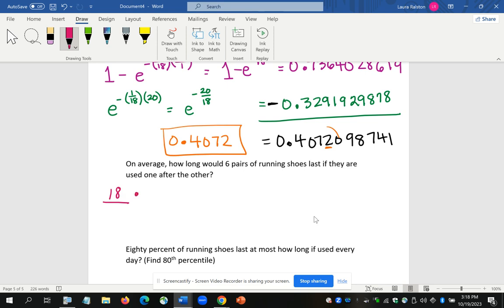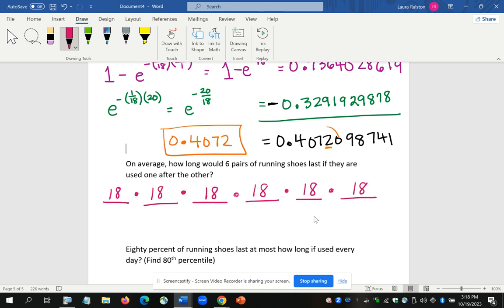As soon as they go bad, you put on the second pair. They're going to last 18 months. And then you put on the third pair. And then the fourth pair. And then the fifth pair. And then the sixth pair. Each one lasting 18 months.